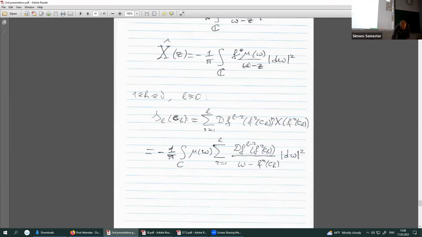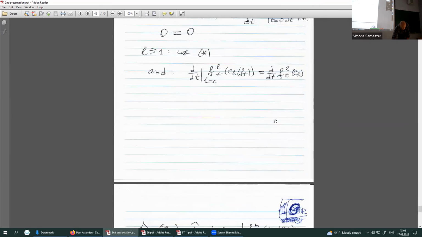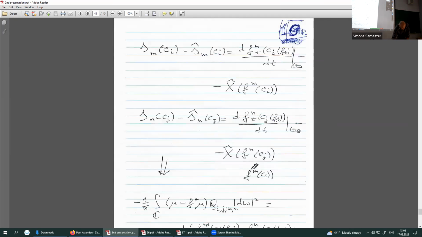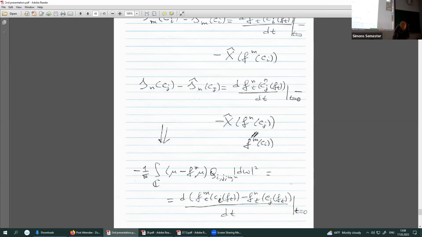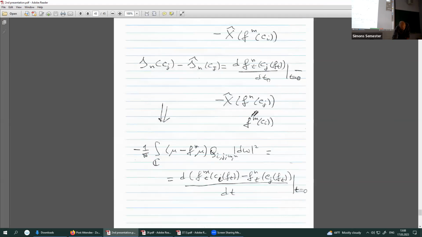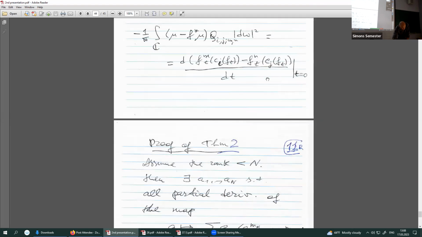Okay, there is some simple, few lines proof, which after all uses the fact that at the end, the Fm iterate of Ci coincides with the Fn iterate of Cj. So it's not just a formal critical relation, it is actually realized.